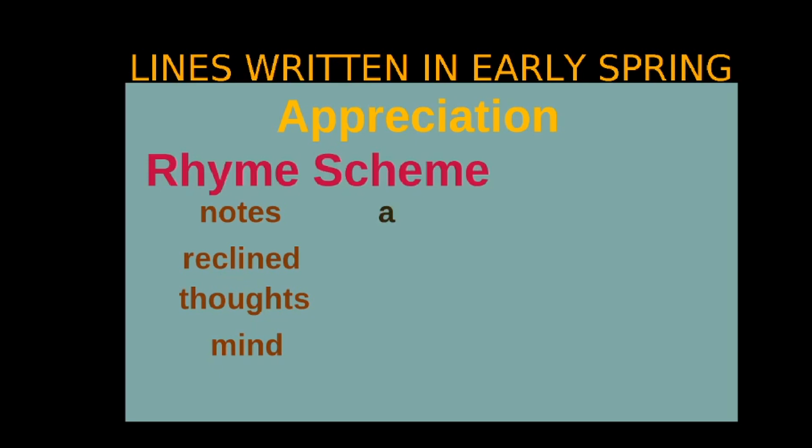No, it is the D sound. So you have B. The third word is thoughts. So what is the last sound? S sound. So we have given a letter for S sound. What is it? A. And you have mind, which is the D sound. And we have also given a letter for the D sound, that is B. So the rhyme scheme of this stanza is AB, AB.